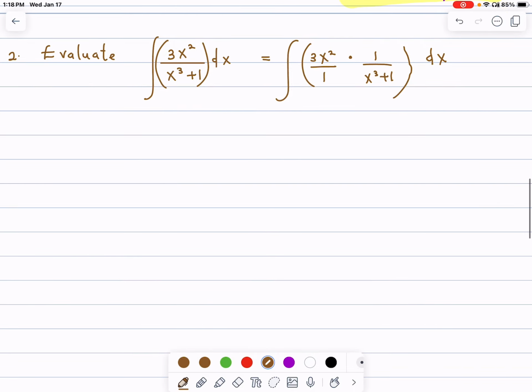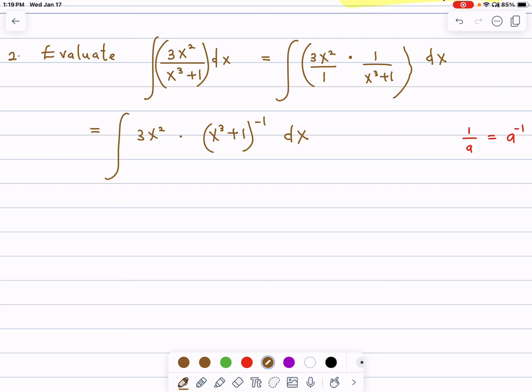So what I'm going to do is use the rule of exponents that says that 1 over a is the same thing as a to the power of negative 1. So I have 3x squared times (x cubed plus 1) to the power of negative 1 dx.